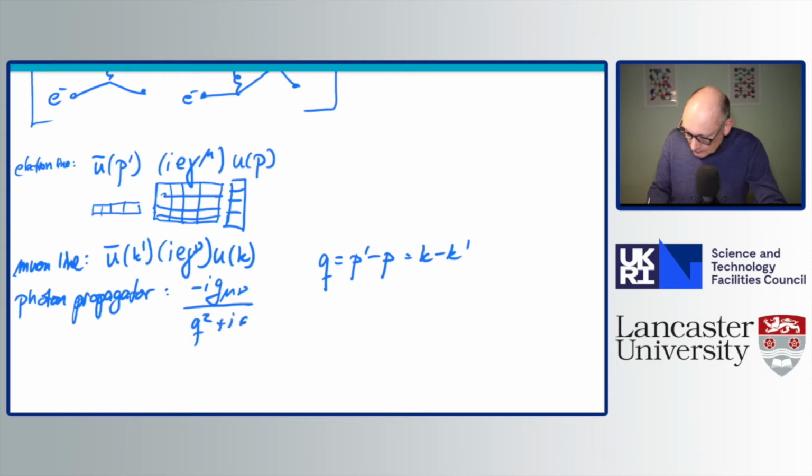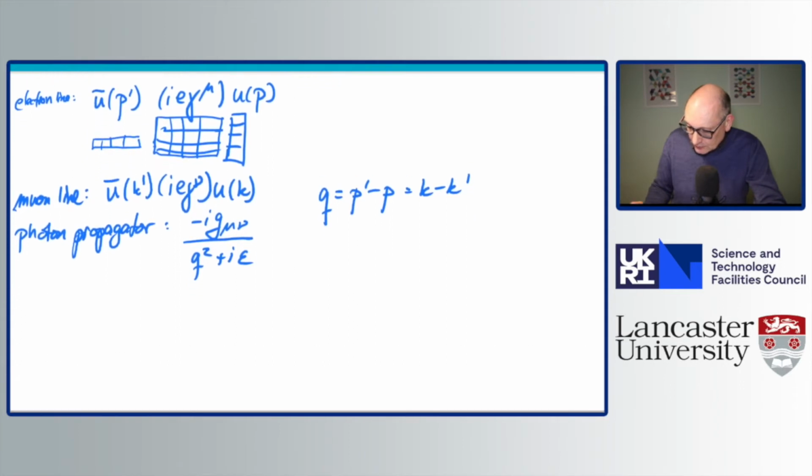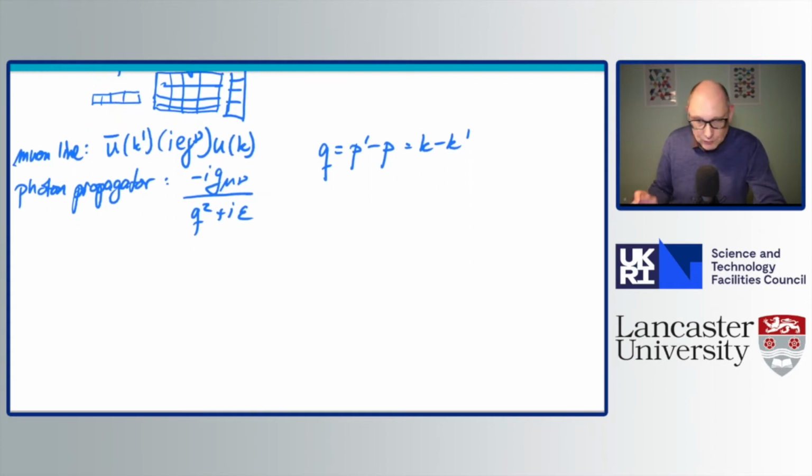Let's remember the i epsilon, even though for tree diagrams it's not needed. The i epsilon prescription has an effect only for loops. Otherwise it's simple to take the epsilon to zero limit.